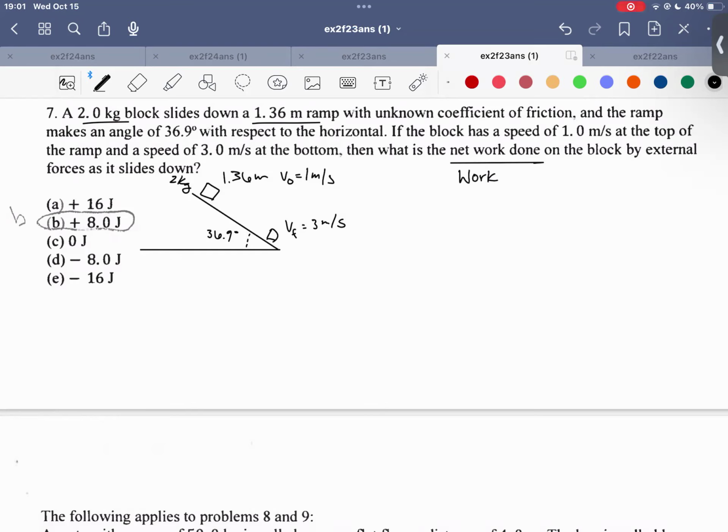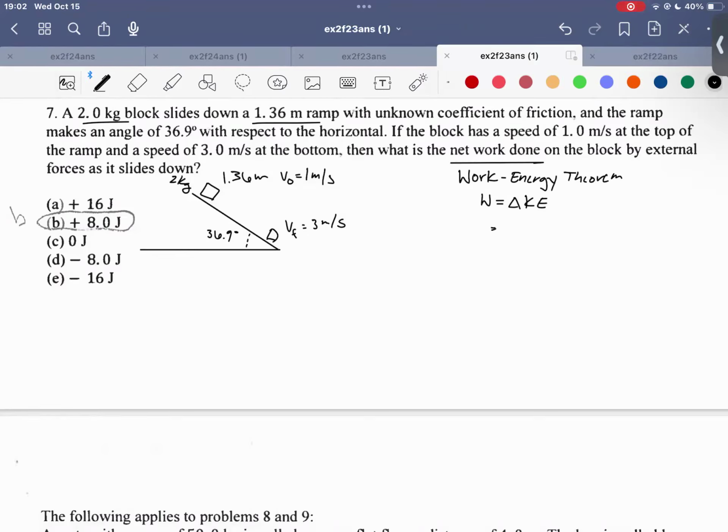Work energy theorem. What the work energy theorem again tells us is work is equal to the change in kinetic energy, or basically the change in energy.